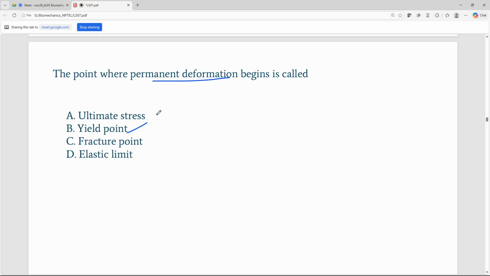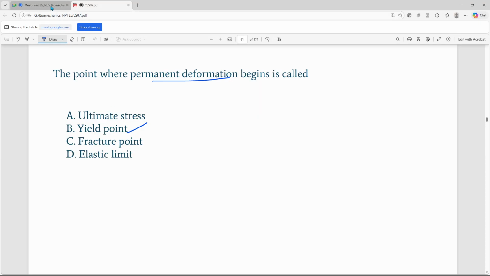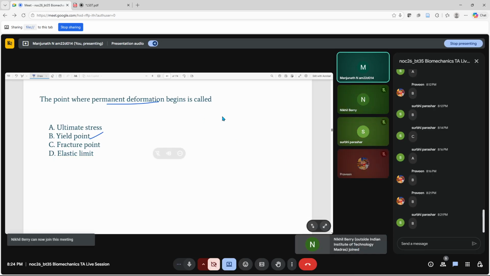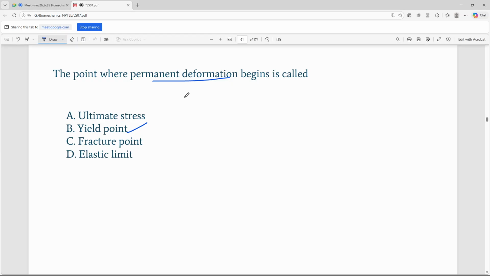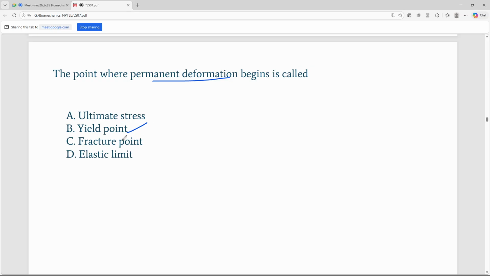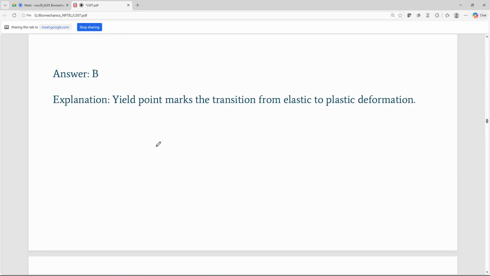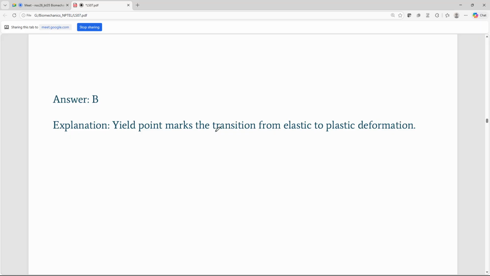Beyond the elastic limit, there's a point known as the yield point from where the permanent deformation begins. So the yield point marks the transition from elastic to plastic deformation. Within the elastic limits the deformation can be undone, but in the plastic zone, the deformation is permanent.